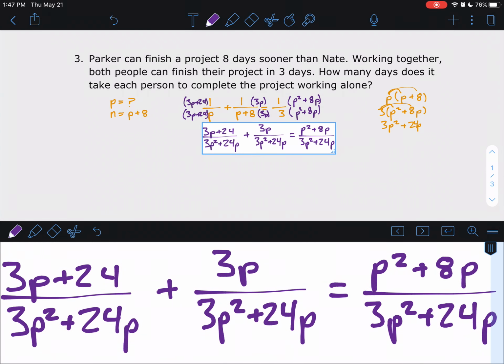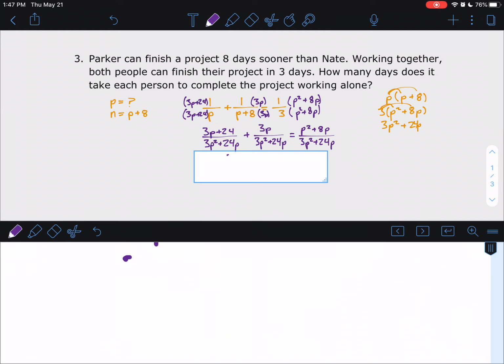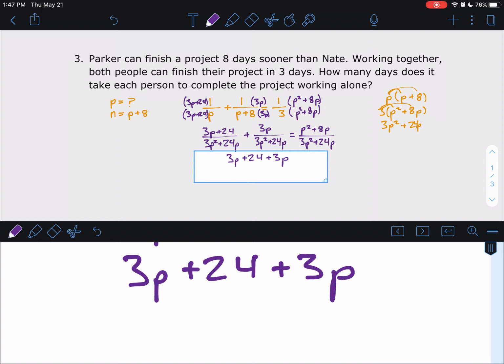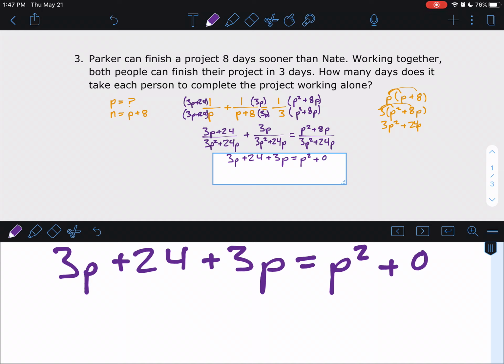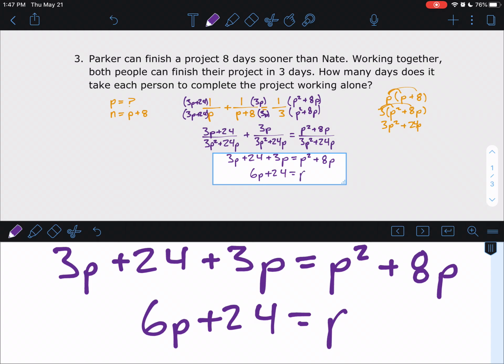So what I have to do here is, now that they all have the same denominator, I can get rid of the denominator. So that gives me 3P plus 24 plus 3P equals P squared plus 8P. So let's see, what am I going to do next? I'll combine my like terms on the left side. So 3P plus 3P is 6P plus 24 equals P squared plus 8P.